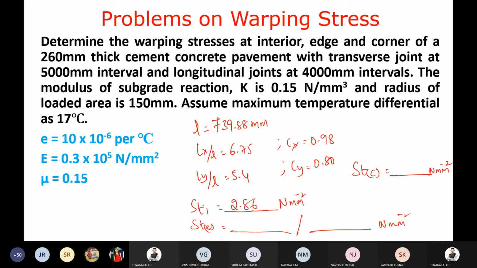Because of Cx, what is the value? Edge stress. Tell me, what is the edge stress because of 0.98 Cx? 2.49, sir.